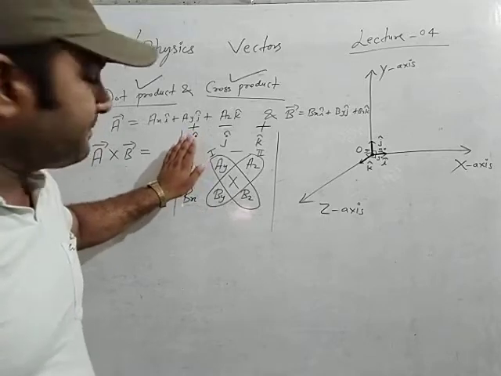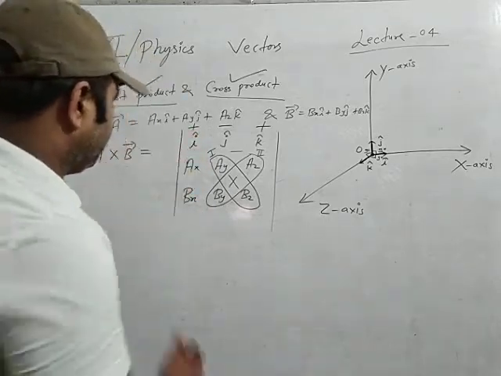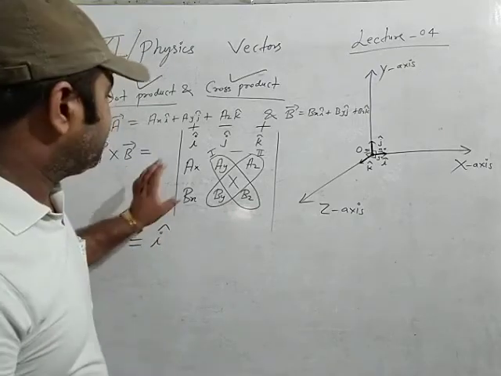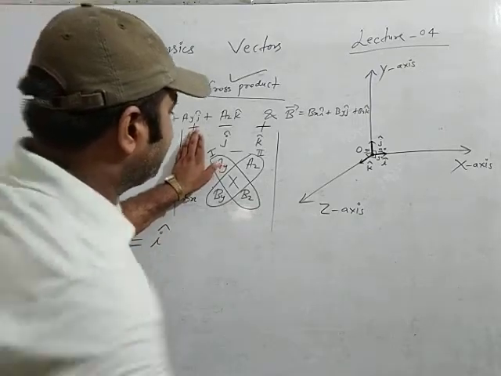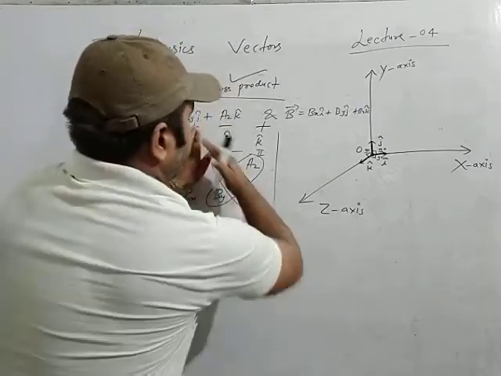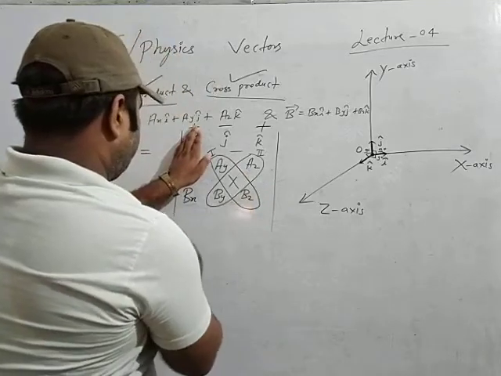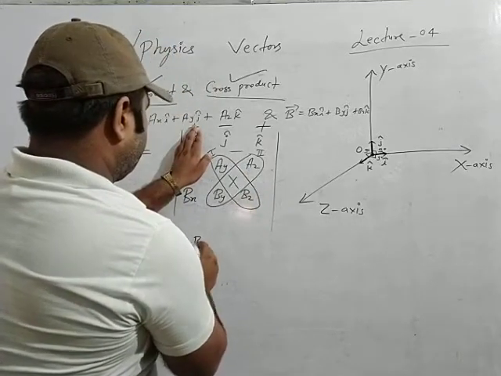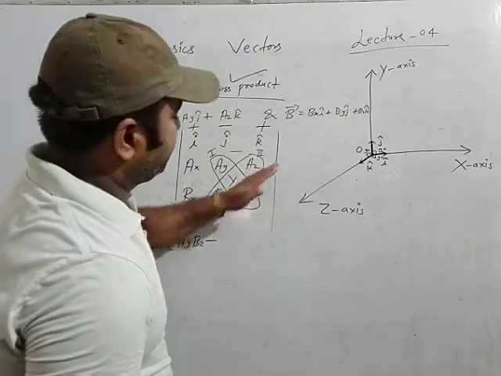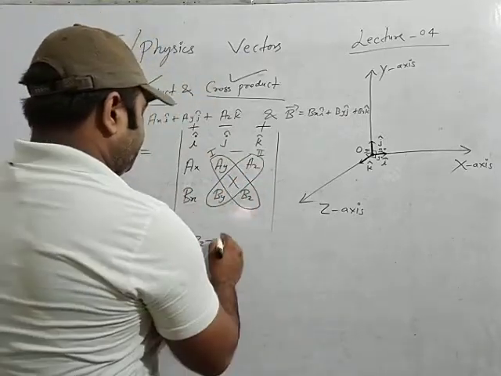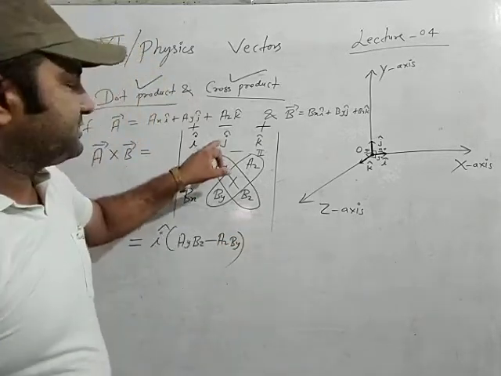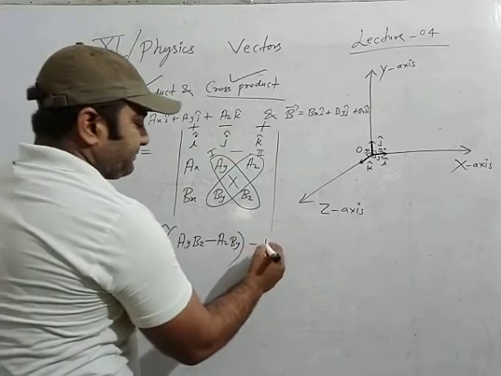Remember, listen again. Just taking i, you close this column and multiply in this way, according to this hand movement: Ay Bz, and then minus sign, and further in this way, Az By. Clear? And when you take j, there is a negative sign.